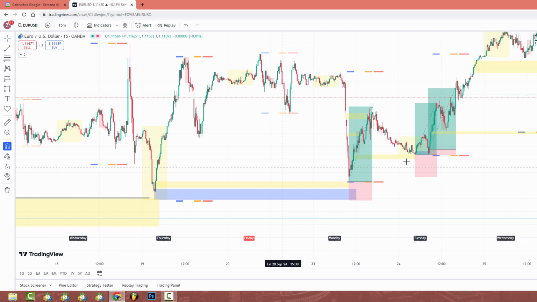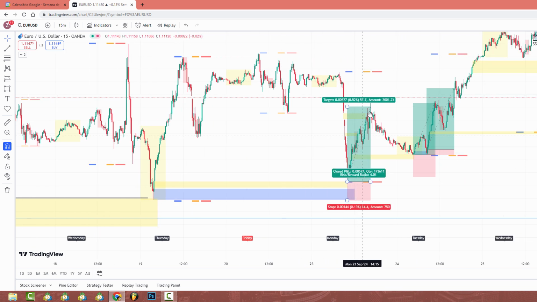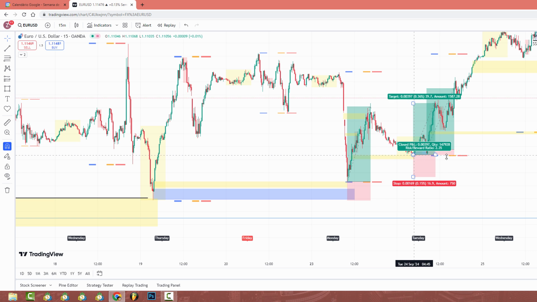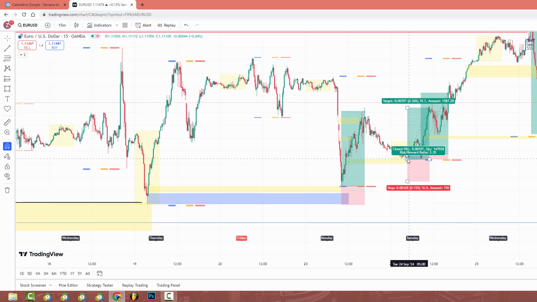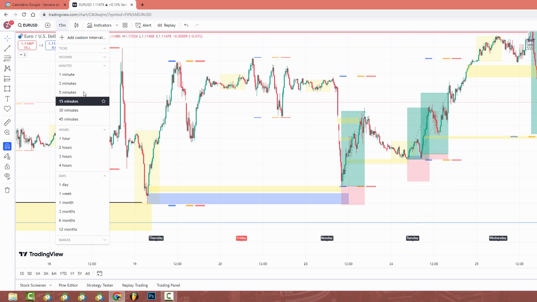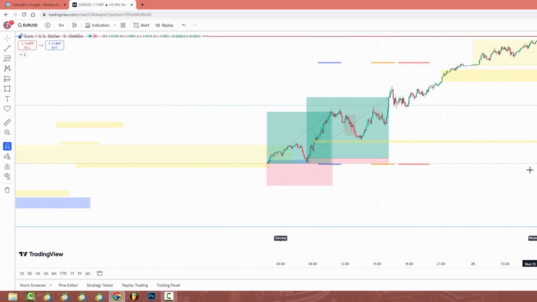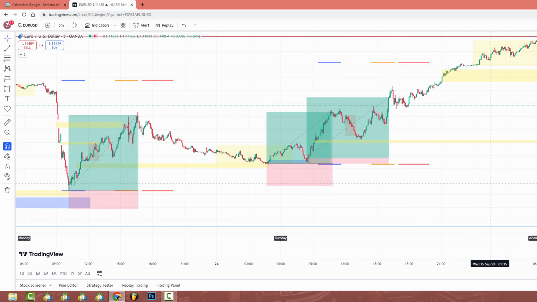So yeah, to continue, we had this move up and we left another imbalance. So price came all the way back down. This was Asia. I wouldn't really trade this unless Asia was taken. It wasn't in this case, but the structure and the vision I'm explaining right here was respected.